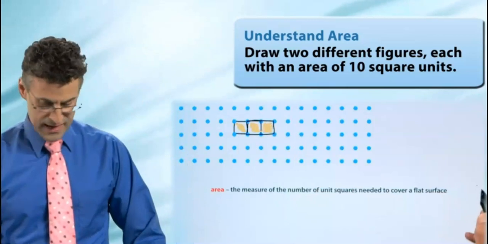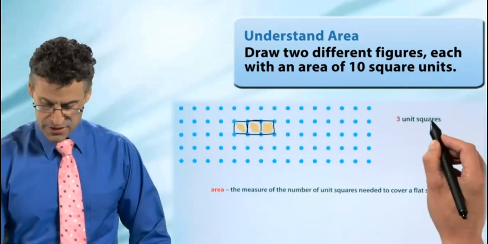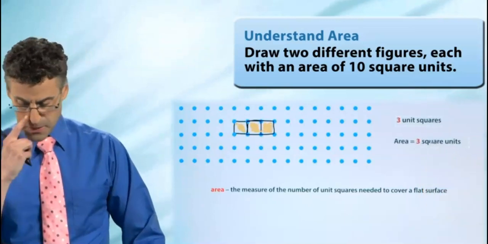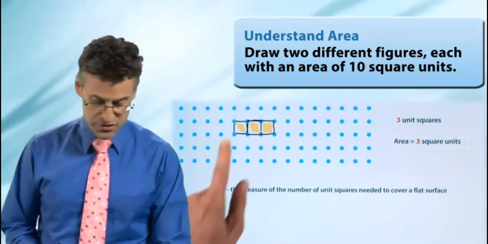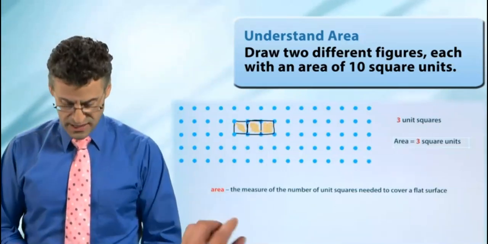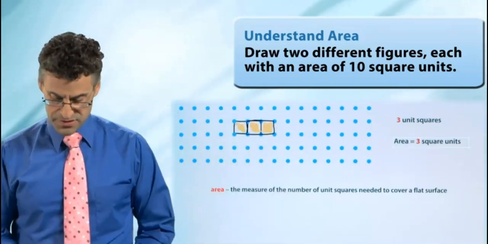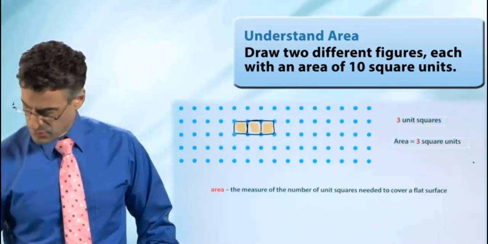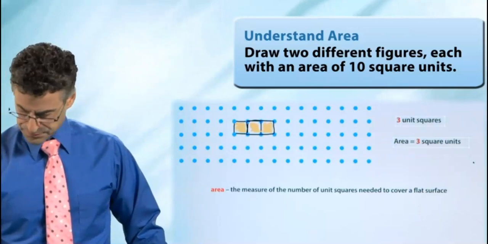So I see that I have 3 unit squares, which means the area will be 3 square units. 3 square units, 1, 2, 3. So the way we measure area is by seeing the number of unit squares that are required to cover it, fill it up. So let's take a look at a more interesting example.